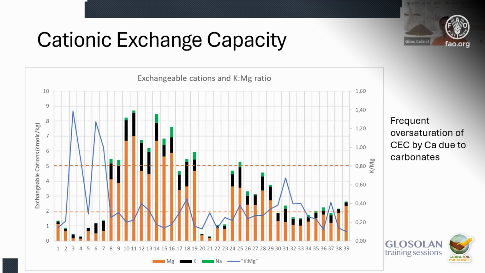If there is too much of one, the uptake of the other one is not good. So if you have too much magnesium, you will have a problem of deficiency in potassium. And if you have too much potassium, you might have deficiency in magnesium. And so the blue line here is the ratio of potassium to magnesium.